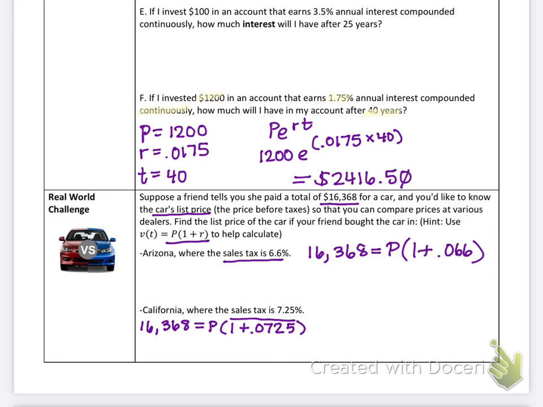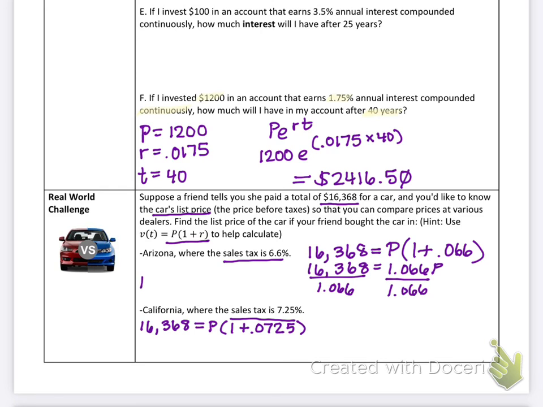Now, when we're solving this, the first thing you want to do is you want to combine your like terms, and your like terms are the 1 plus the 0.066. So if we combine those together, we would end up having 1.066P. I usually like to move my variable to the end. And then all we would have to do is just divide by the rate at this point to figure out how much the actual car cost.